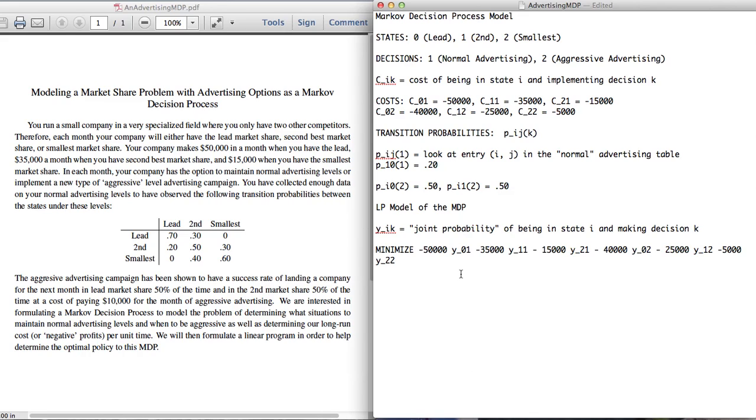So very simply, we're just taking the cost and multiplying by the decision variables.